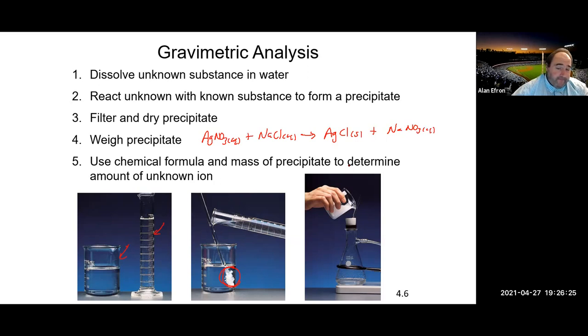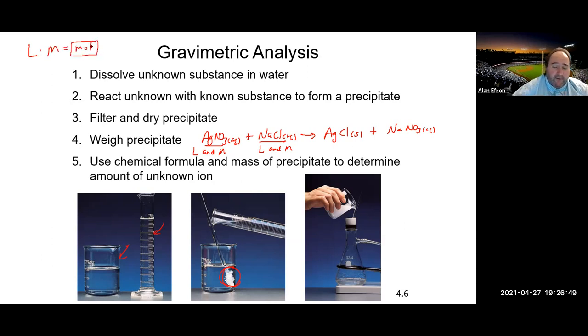Now, in this particular case, because these guys are solutions, we may know the volume and the molarity of each of these guys. And what could we get from the volume and the molarity? Well, if we take liters times molarity, that is going to give us moles.